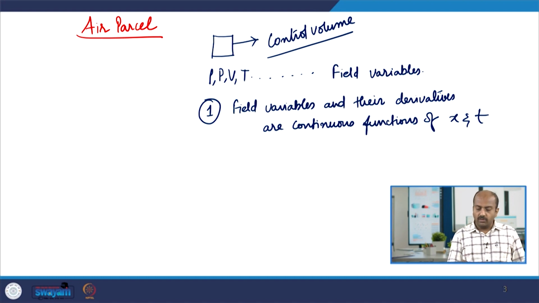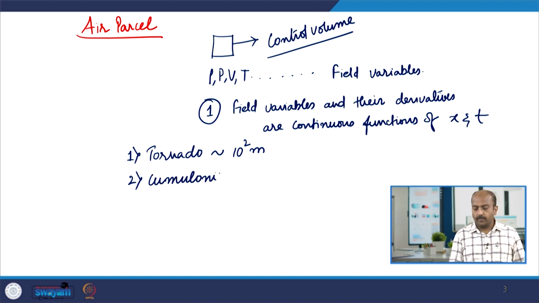So, this equation should explain the various types of motion. When you take a tornado, the typical scale of this motion is 10 to the power of 2 meters. A cumulonimbus cloud has a typical scale of the order of 10 to the power of 3 meters.